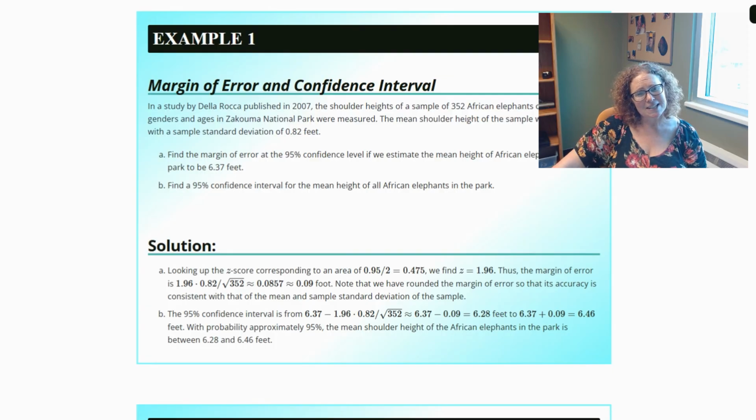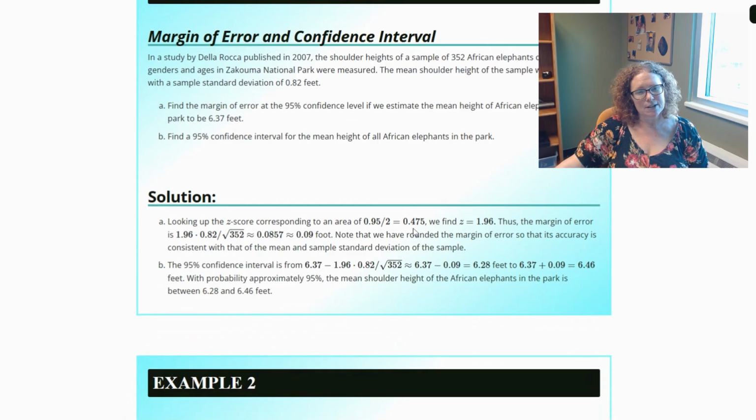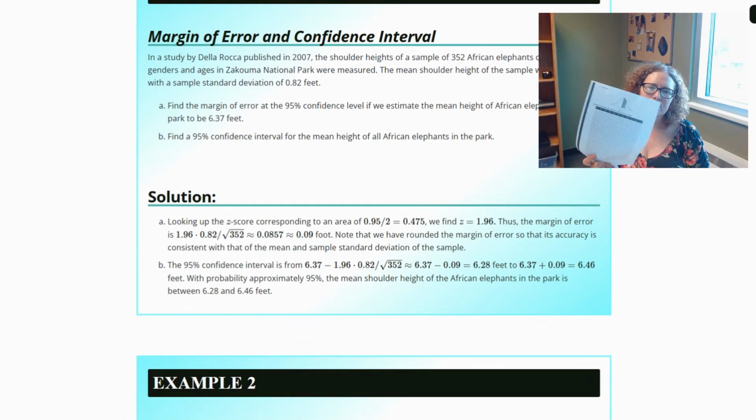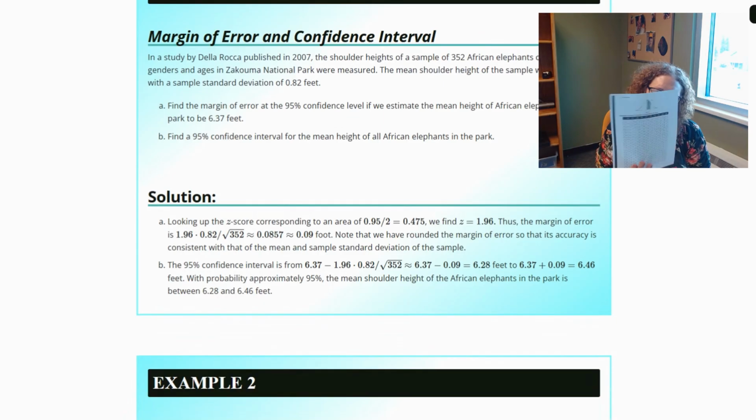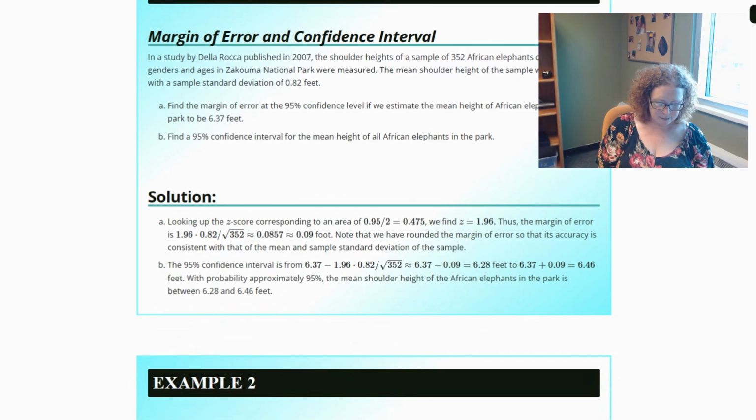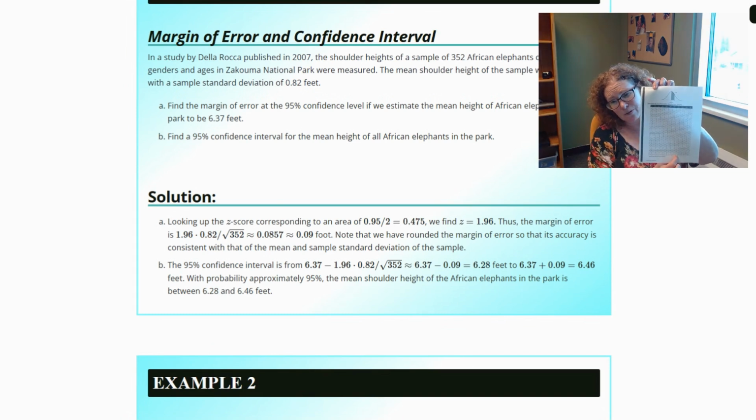So again, we're using that Z. We're dividing the area, 0.95 divided by 2, and we get 0.475. When we do that, look again at our Z table and look for 0.475, which is 1.96.